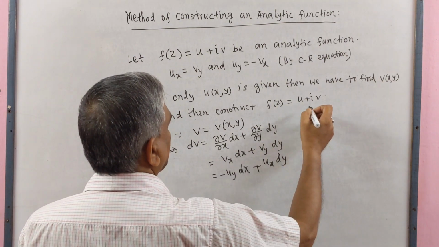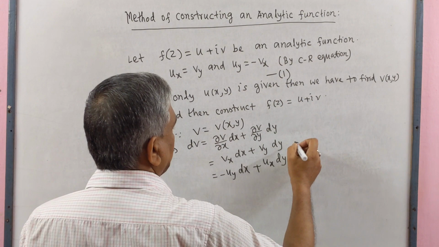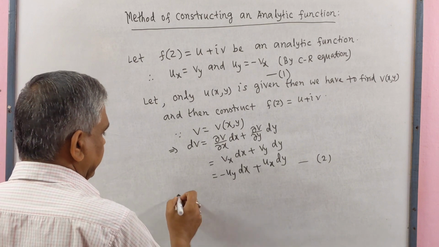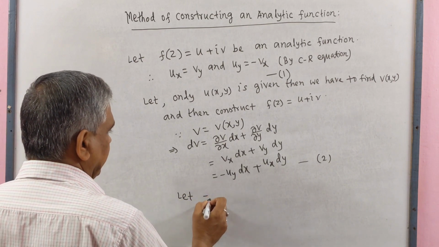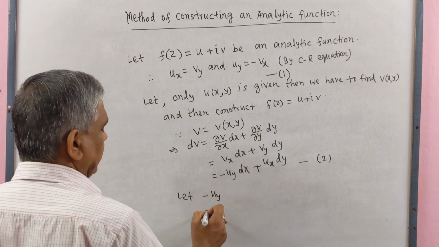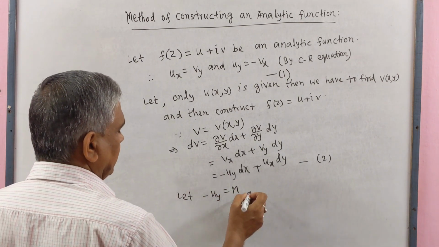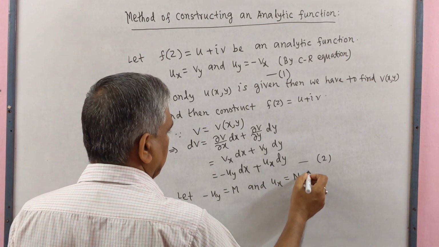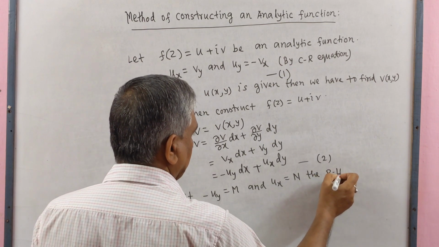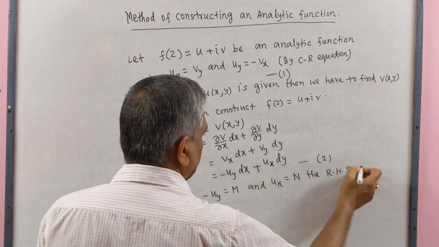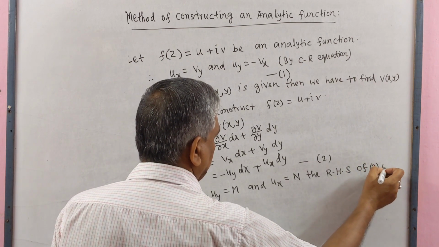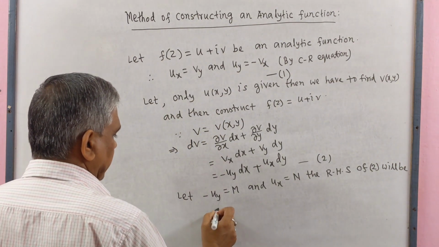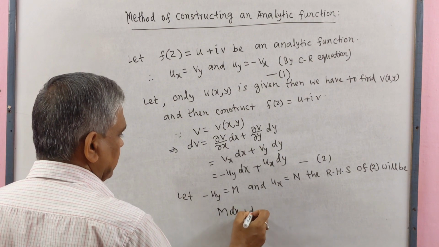Let this be number 1, this be number 2. Let -uy = m and ux = n, then right hand side of 2 will be m dx + n dy.